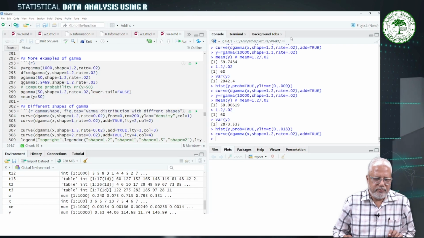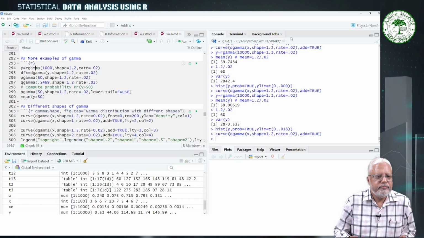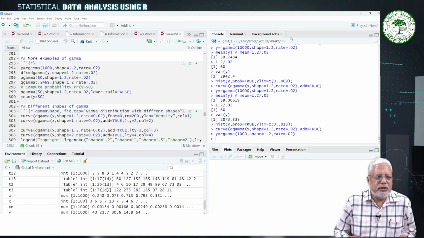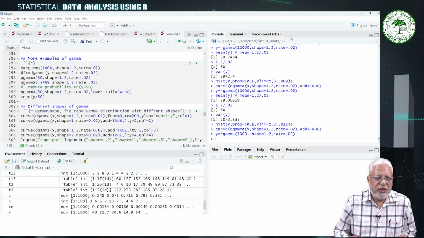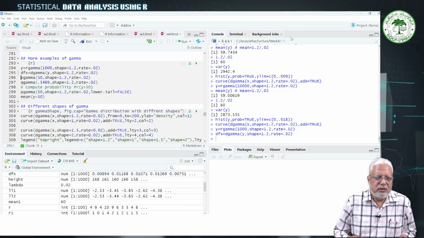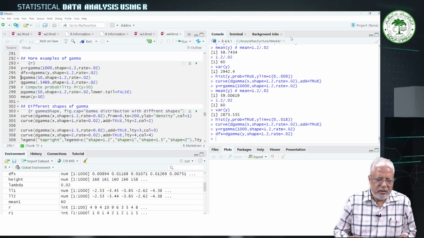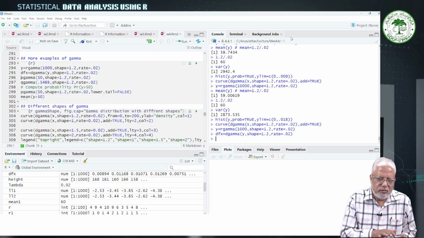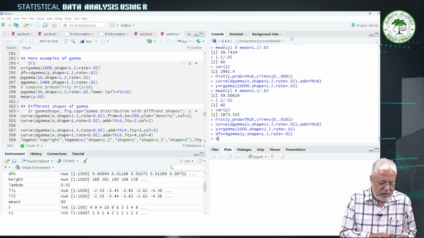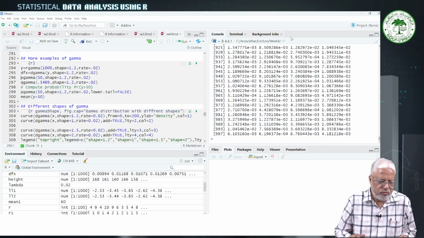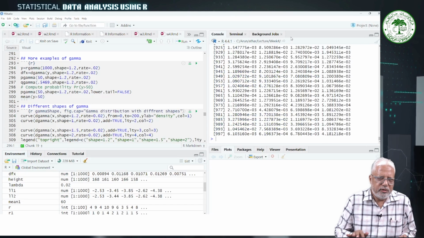And then, if we want to compute the density on these simulated values, we give dfx is equal to dgamma(y), and we can run this, and we can represent these density values in dfx here. We can get plots also, but I am not going to plot.